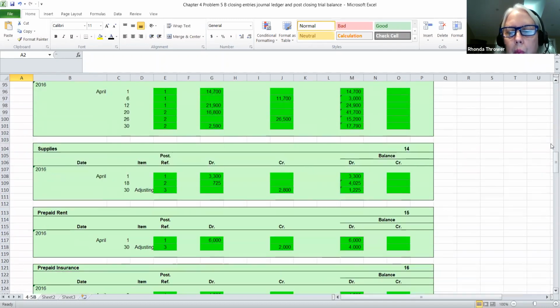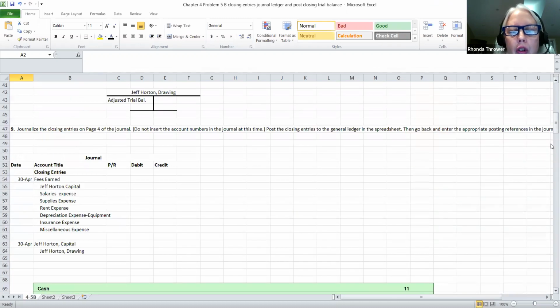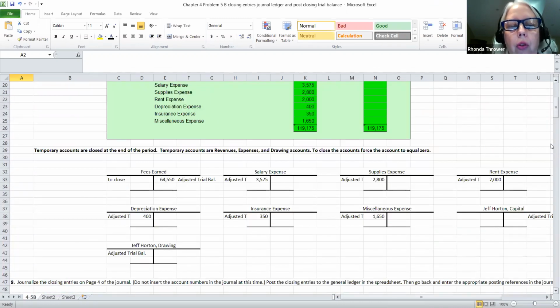What I'm going to demonstrate today is how the closing entries would be placed into T accounts as tools to help us get ready to journalize these closing entries.